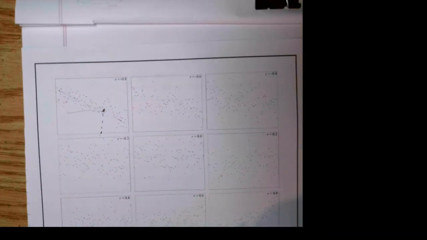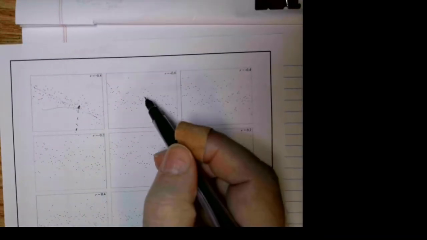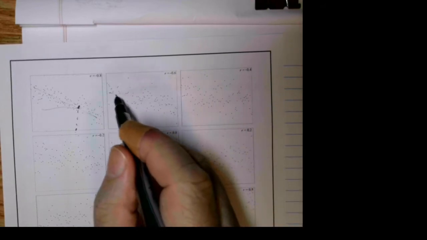So R equal -0.8, that's a pretty strong correlation. R equal -0.6, there's still a pretty clear linear trend in that data. Of course, the dots are farther away from the line, which means that the linear model would be a worse predictor, but it's still useful in that case.